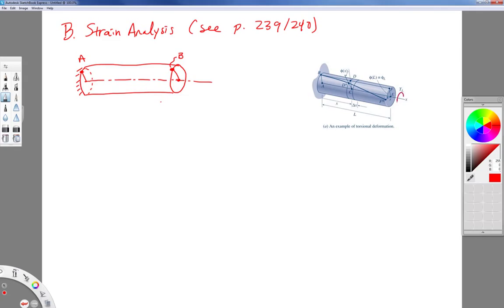So what I have on the left is a bar that's fixed on the left side, and I have point A identified on there, and I have the axis of the bar going down through the center of that shaft, and then I have point B that I've identified over on the right-hand side. What I'm going to do is apply a torque to this.